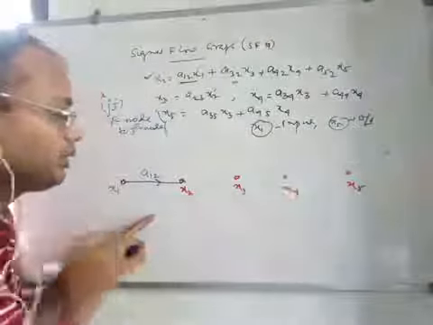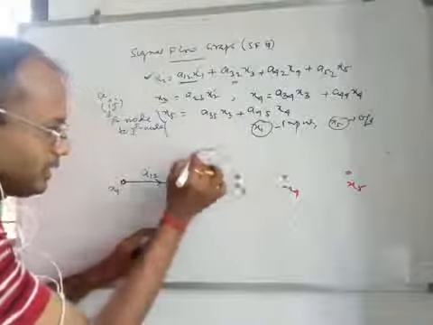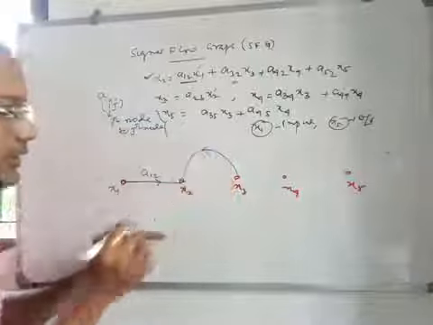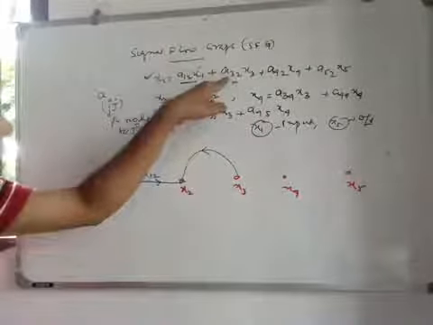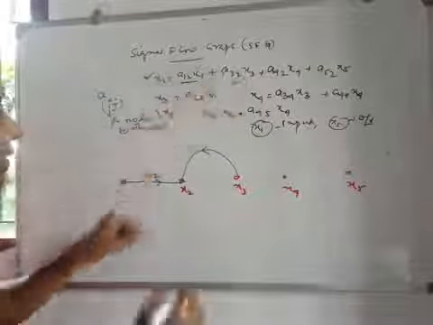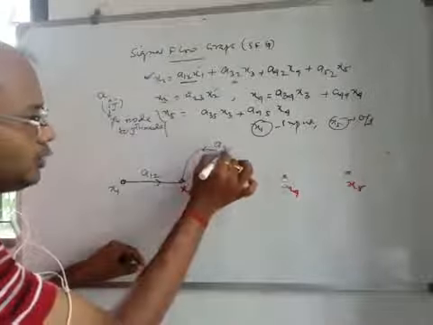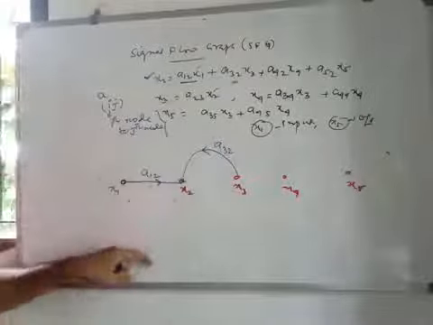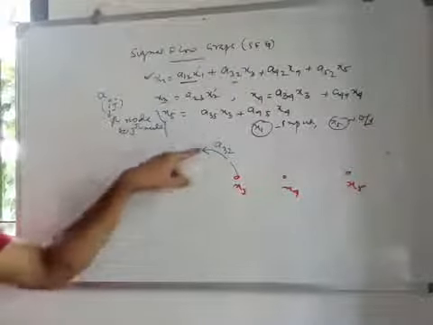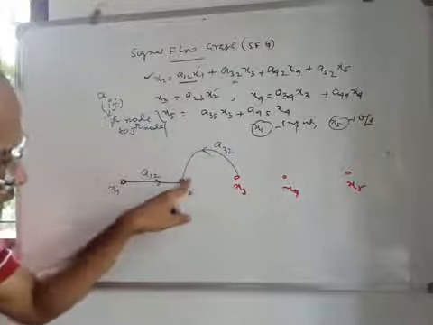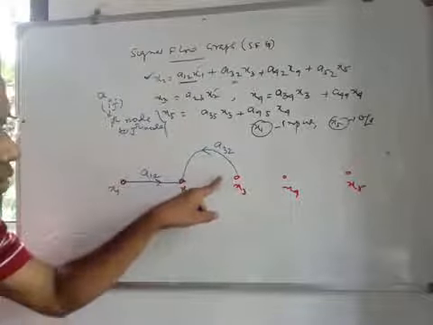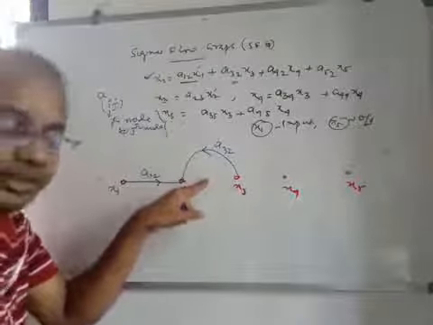So we will consider this path like this, right? Because we are considering the signal is coming from 3 to 2, a32 is the branch gain, and this is directed in the opposite way. That is why we have not used this path. Maybe it can be used later on, right?